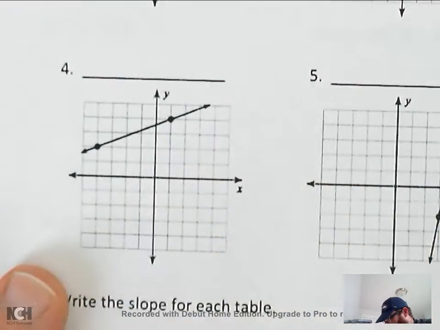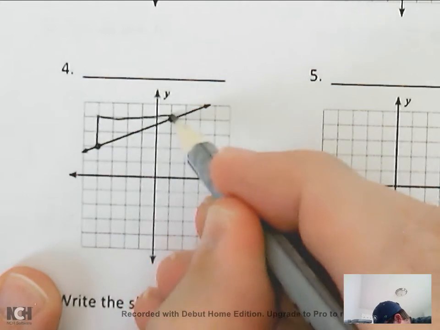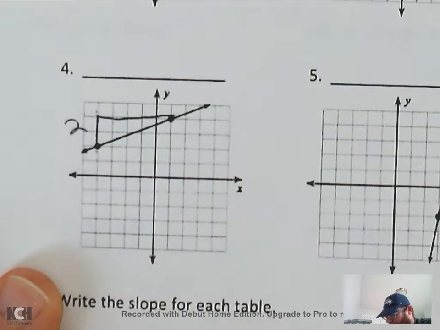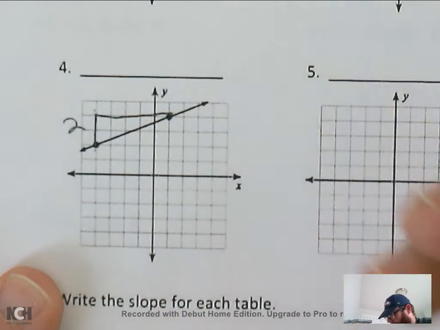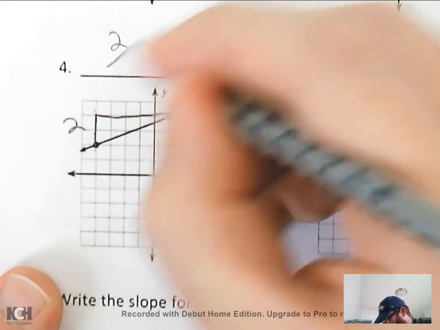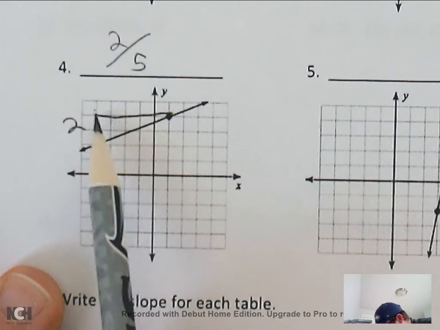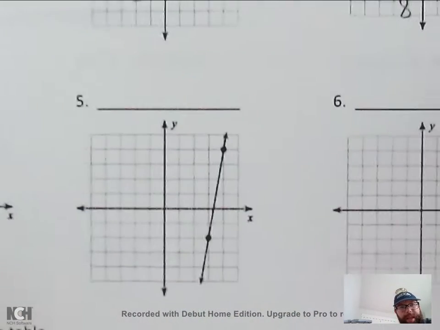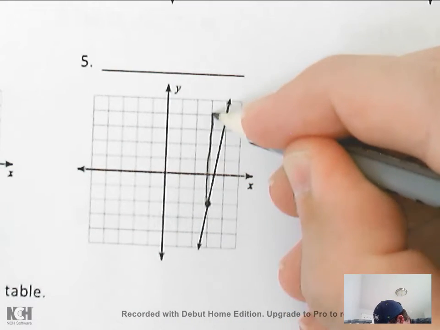This one right here, number 4, is going uphill. So when we go up 2 blocks, it's positive, right? And it's going over 1, 2, 3, 4, 5. So 2 over 5, all right? Okay, just double checking. 1, 2, 3, 4, 5. Yep. Then this one is also uphill, a very steep hill, right?